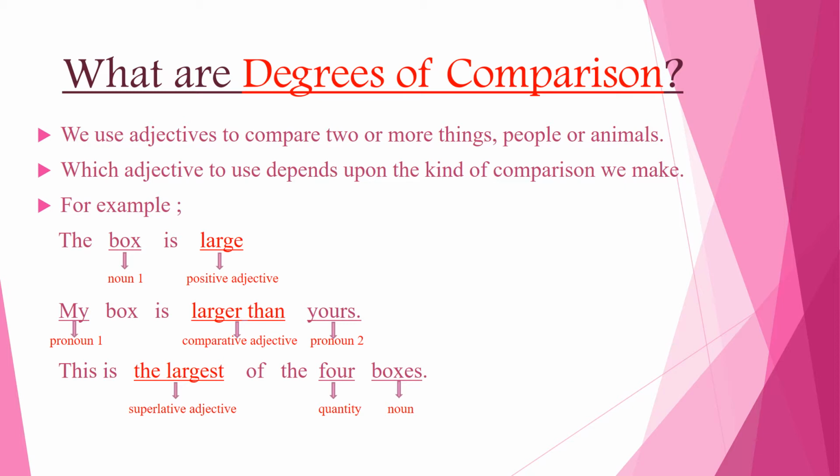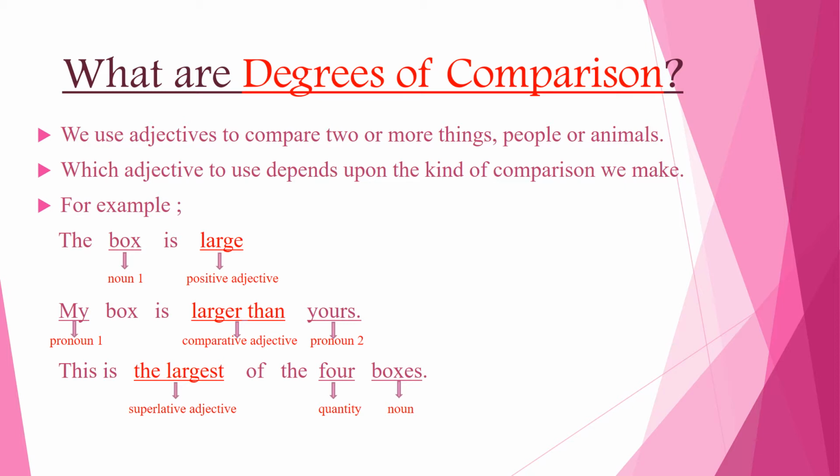So, let's see the example. The box is large. Adjectives, as you have already learned, describe a noun. So in this sentence, we have the word box as noun and the box is described to be large.